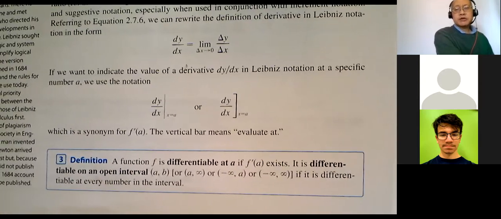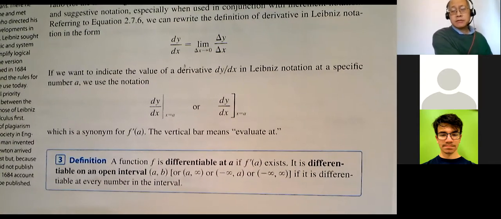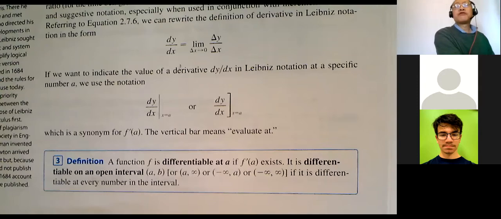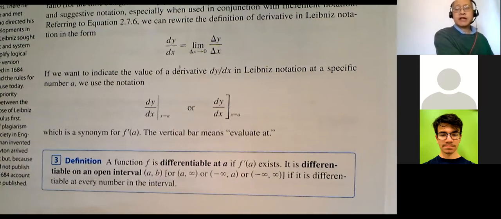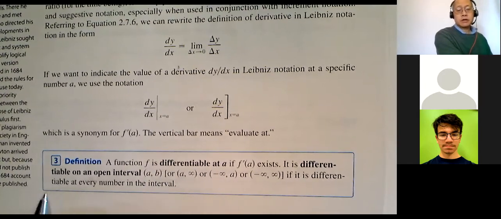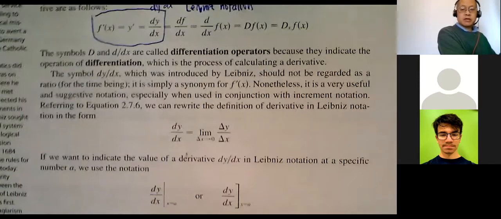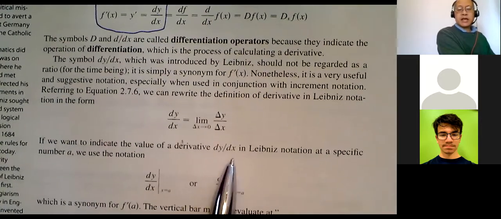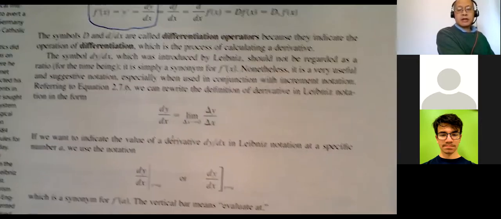That means technically you're not supposed to say derive a function because derive has another meaning. You differentiate a function. Our author even says Leibniz notation right there. There we are, dy dx, so-called Leibniz notation.